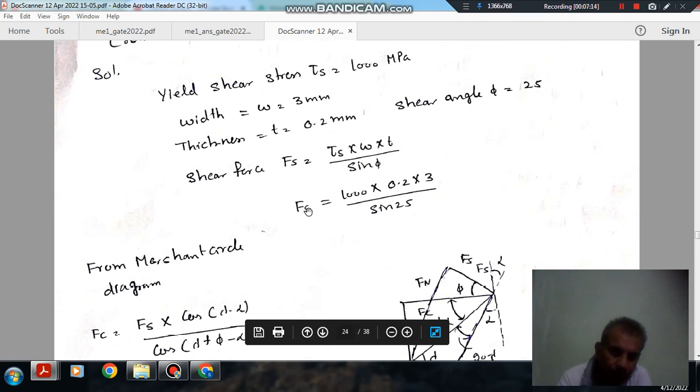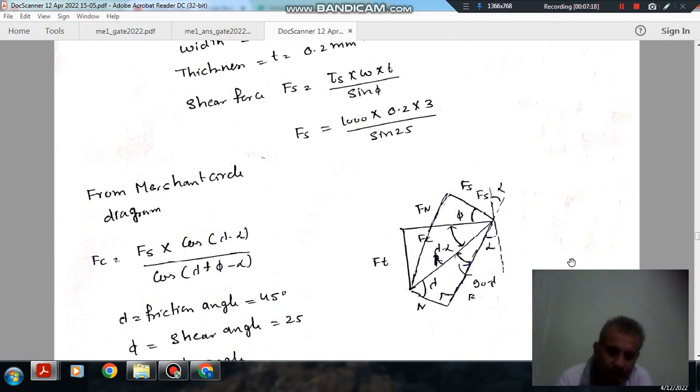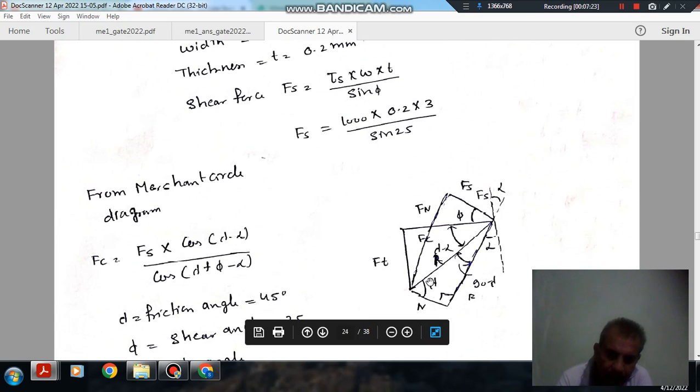Now if Fs is known, then using the merchant circle, so this is your merchant circle diagram, this is your Fc, this is Fs, this is Fn, and this is your resultant R, this is F, this is N, this is Ft.